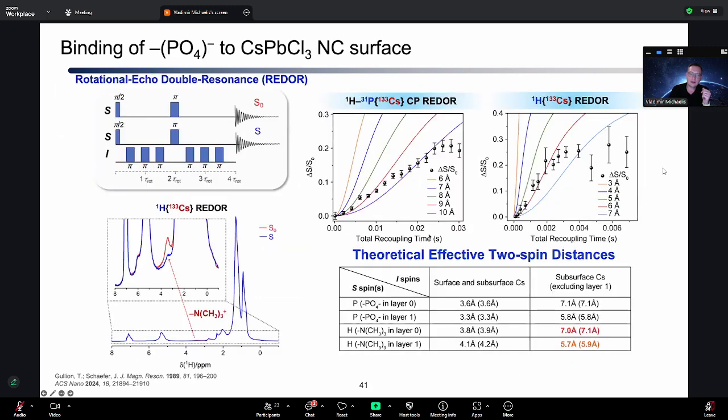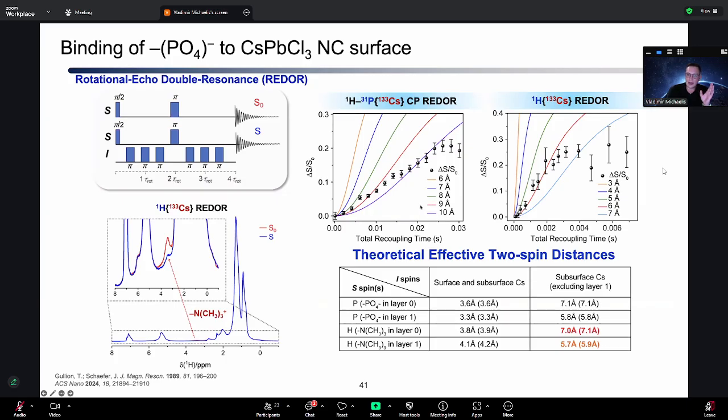All right. Now, we can go to what's called dipolar recoupling. Don't worry so much about this figure. Don't worry about these graphs. What this does is it takes the through space interaction of phosphorus, and it's looking at what's near it in terms of cesium. So if you're looking at this, these are experimental data. The colored lines are fits. If you look at this, we have something on the order of 9 to 10 angstroms.